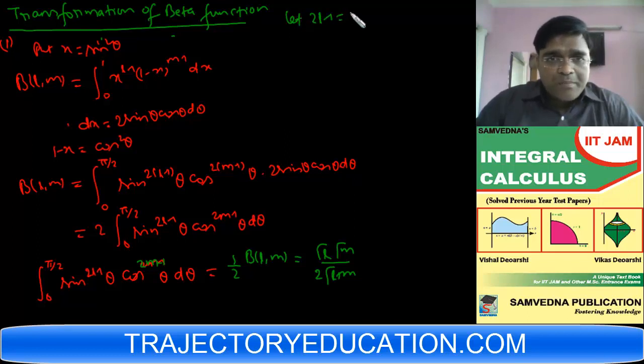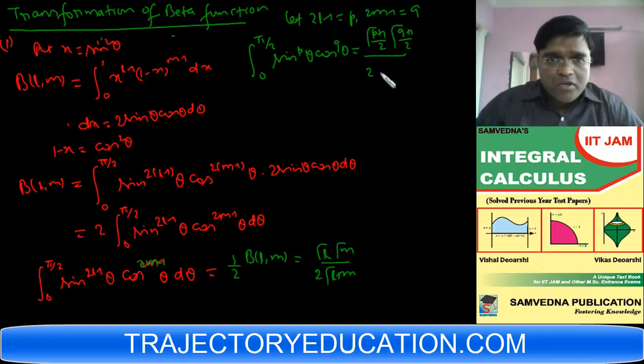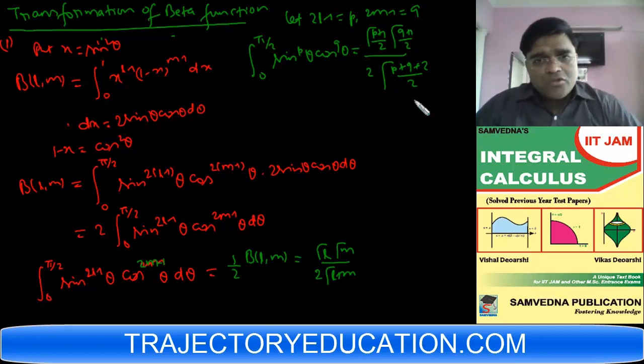We can do one more thing. Let 2L minus 1 be P and 2M minus 1 be Q. In that case, the integral from 0 to pi by 2 of sine^P theta cos^Q theta d theta can be written as gamma of (P+1)/2 times gamma of (Q+1)/2 over twice gamma of (P+Q+2)/2.